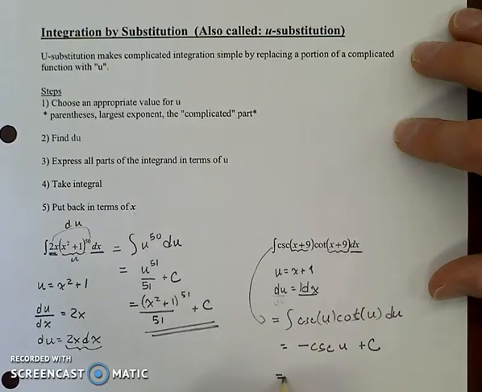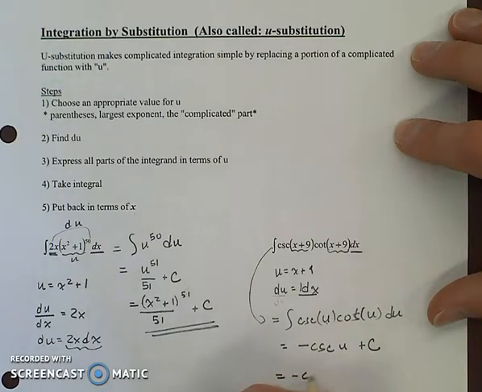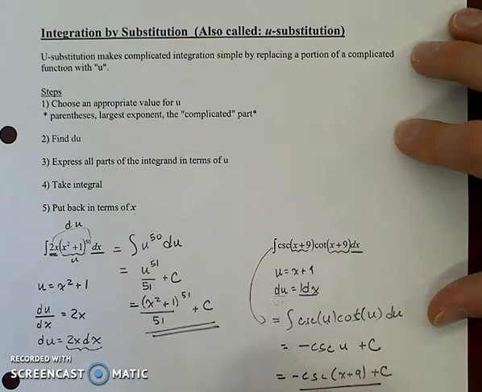So our final answer is negative cosecant of x plus 9, plus c. To know this, you would go back and look at your notes from last class where we gave you the chart to understand that the integral of cosecant cotangent is negative cosecant.